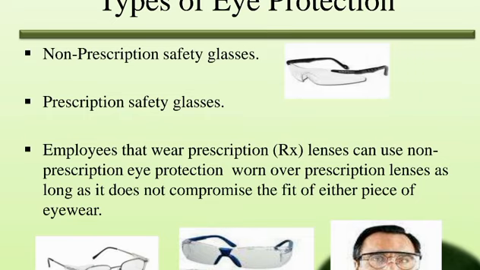Next one is the face shield. When is a face shield used? It helps in providing protection to eyes and face from flying particles and liquid splashes, etc. Next is the welding shield. It protects eyes from burns or temporary blindness caused by intense light, infrared, sparks and metal chips.